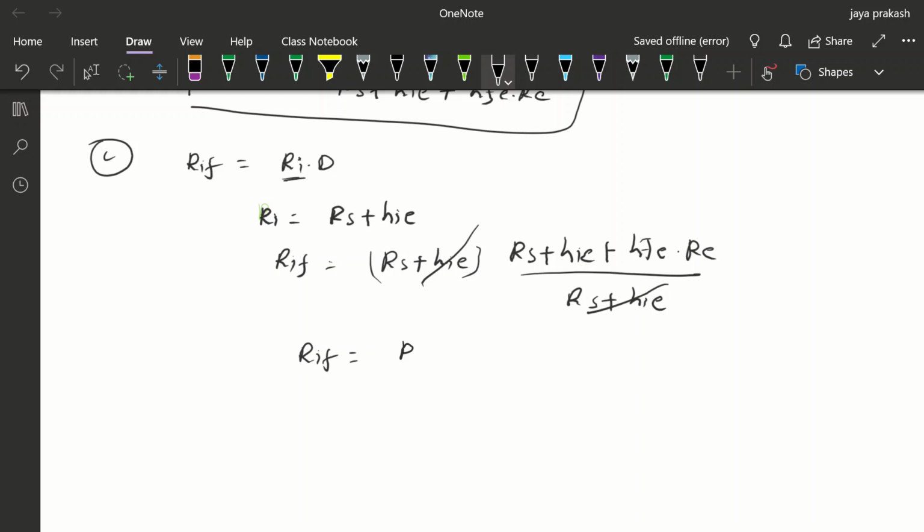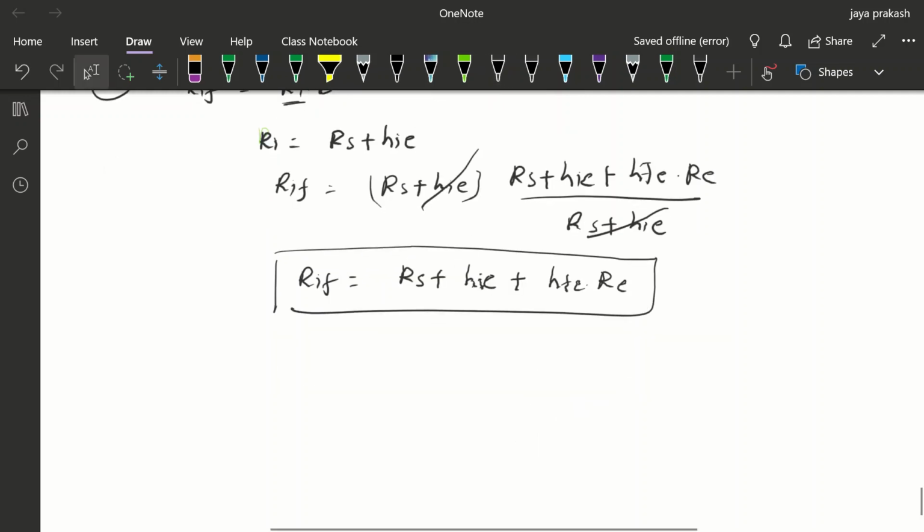So RIF is equal to RS plus HIE plus HFE into RE.